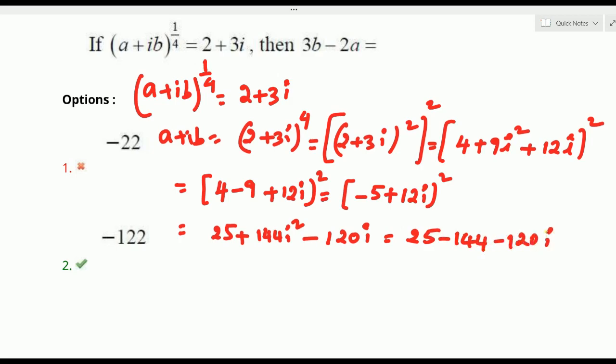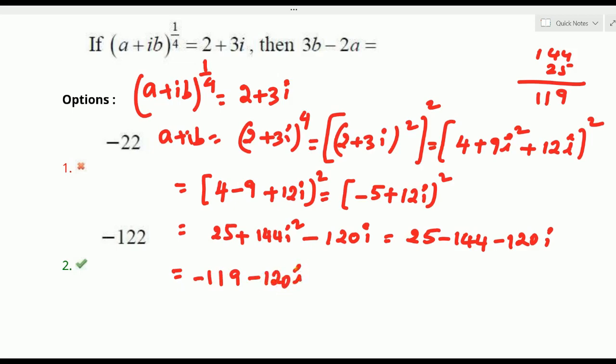So what is 25 minus 144? 144 minus 25 is 119, so it is minus 119 minus 120i.